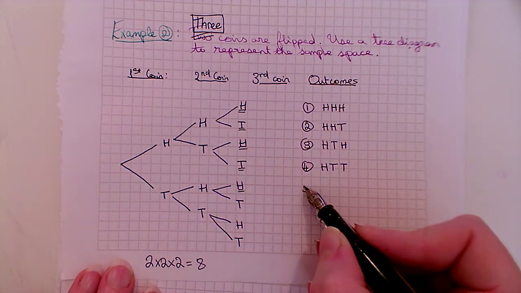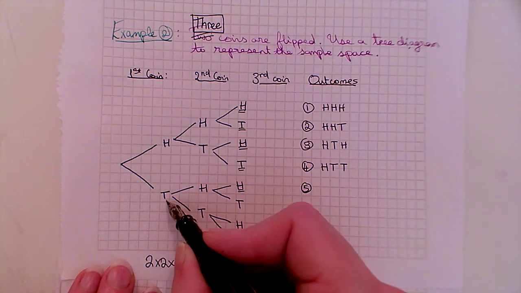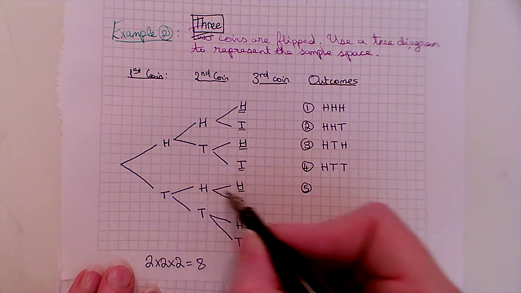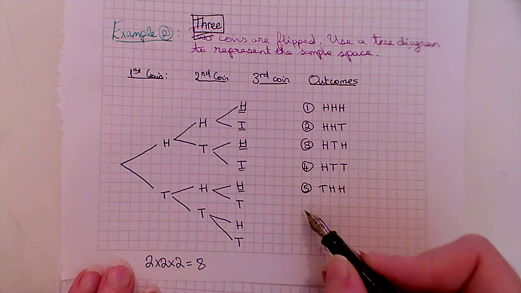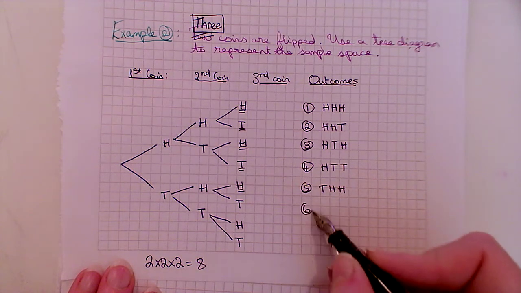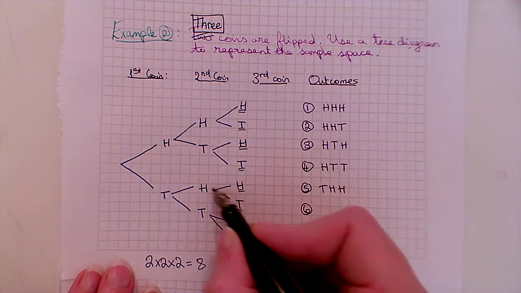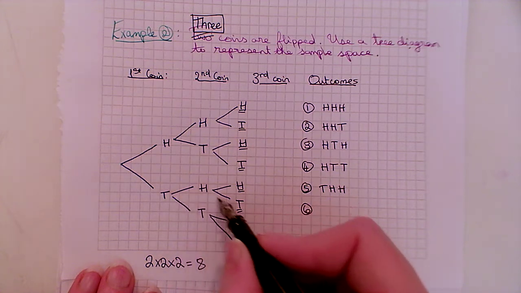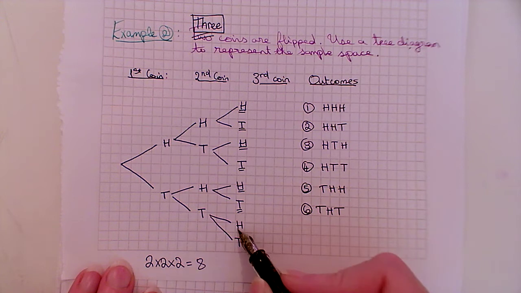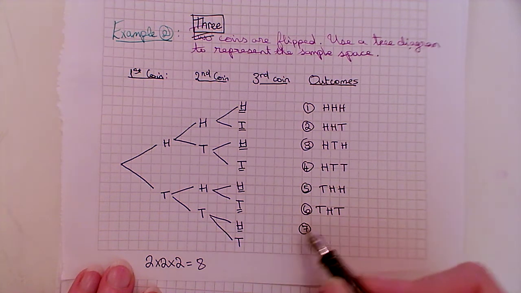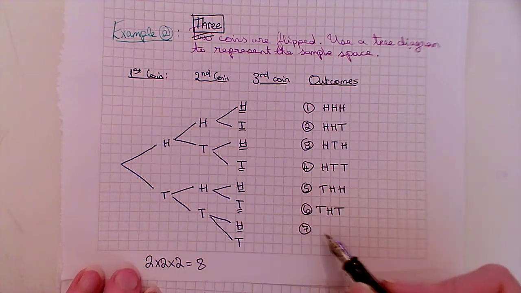This one, tails for the first coin, heads for the second one, and heads for the last. This one, you can see the pathway, tails, heads, and then tails. Second last, 2 tails followed by a head.